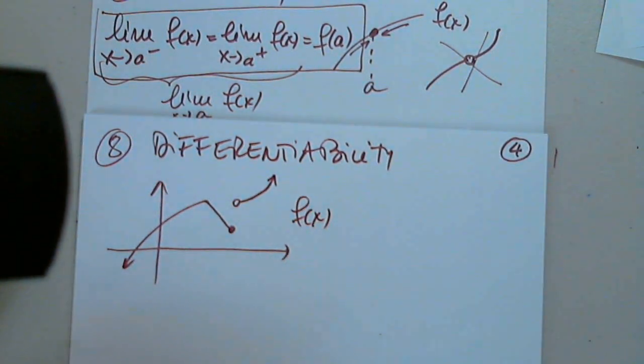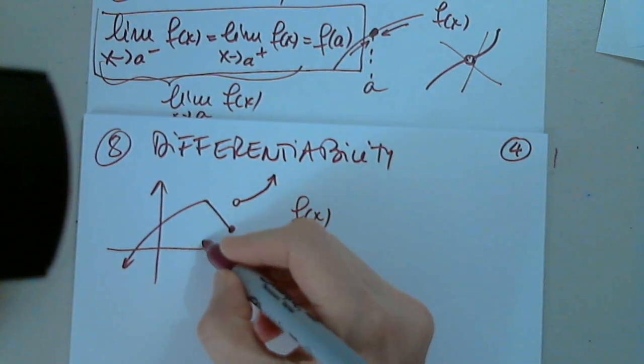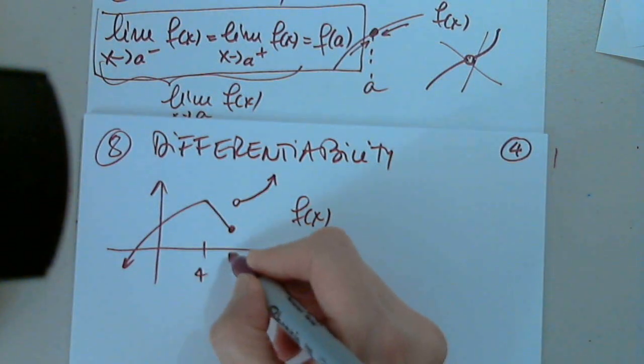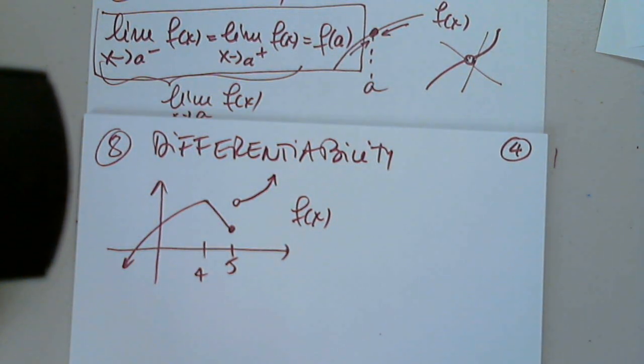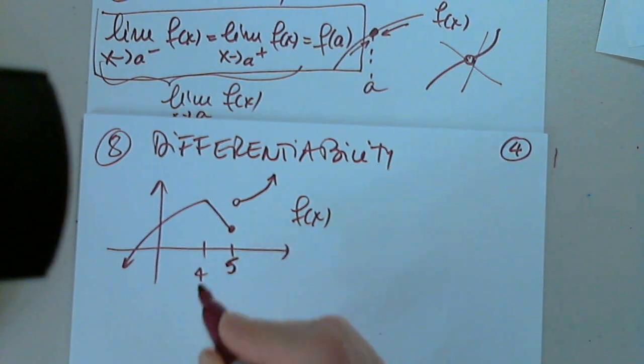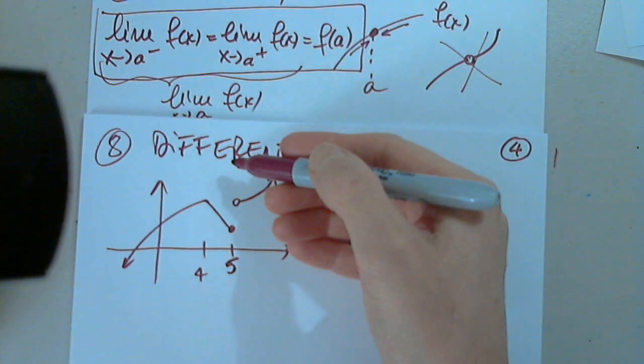I just made it up. Is this function continuous? No. Where is this function not continuous? X is equal to 5. Perfect. It has a jump discontinuity.